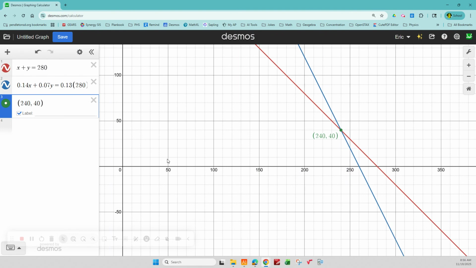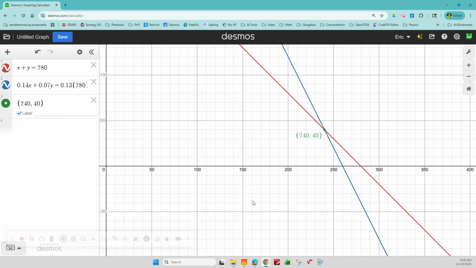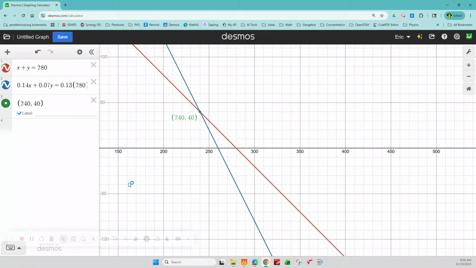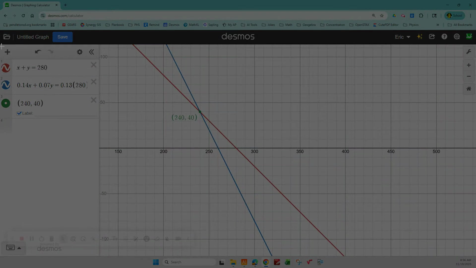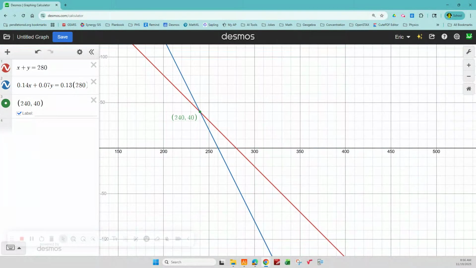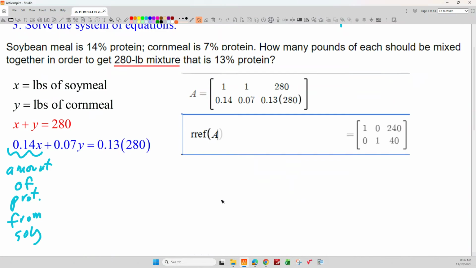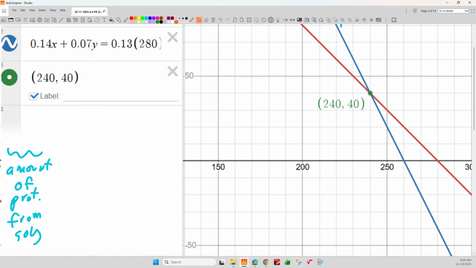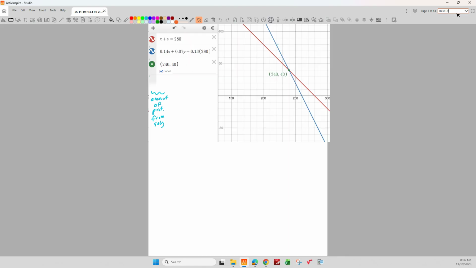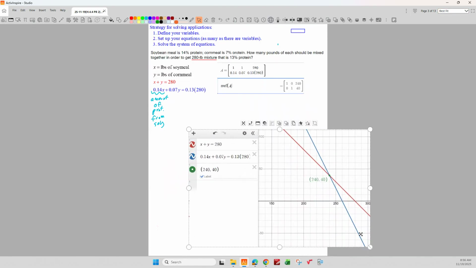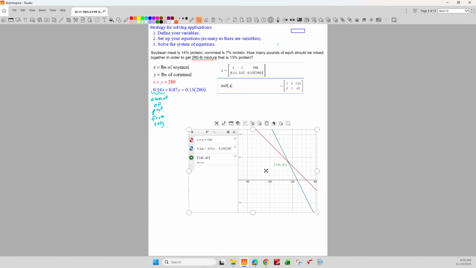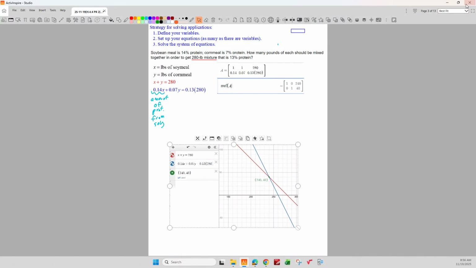Then you can click label, and it even puts a point there. Okay, so let me take a picture of that. Okay, so for your notes, there it is.